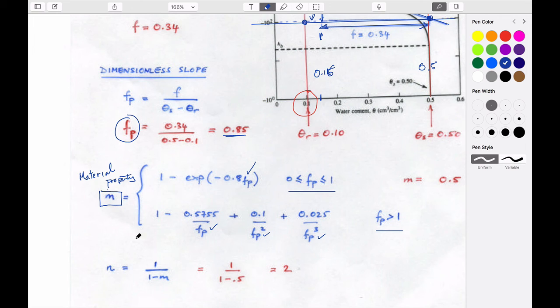If we know what the value of m is, then we can also get the value of n, which is our second material property.